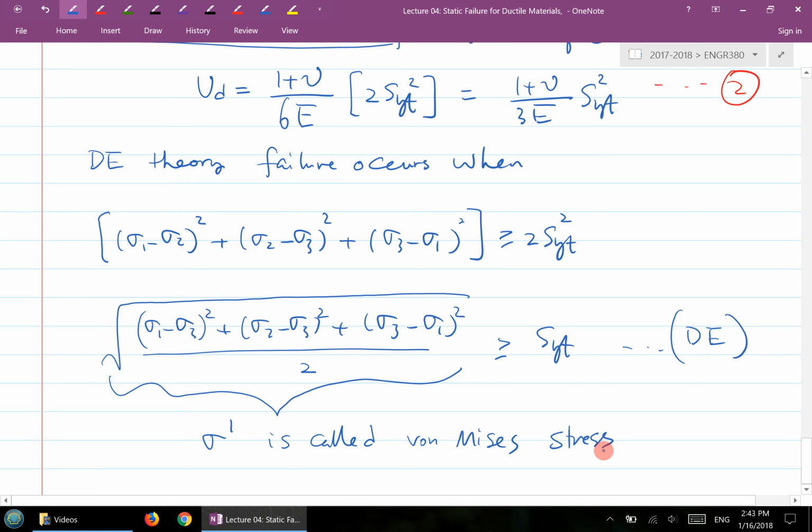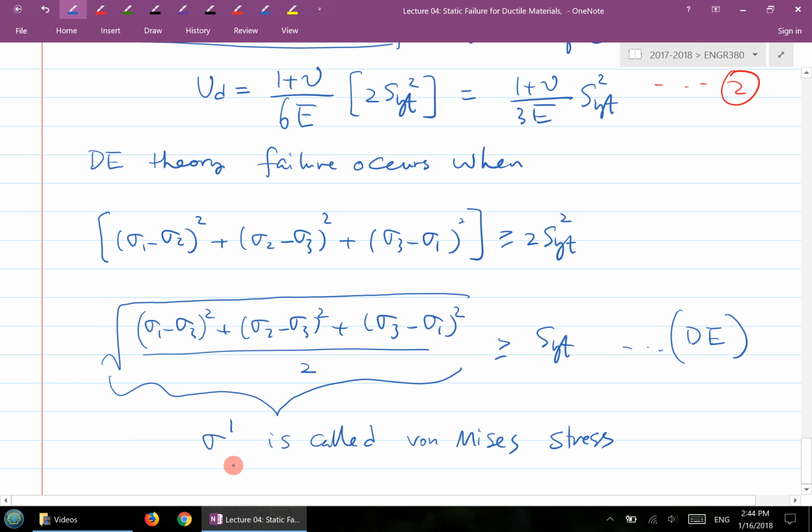This is a very important quantity. If you run a typical stress analysis software, one of the important quantities you probably want to calculate is the von Mises stress. And how is that calculated? That's basically this formula here. Okay, that's the von Mises stress.